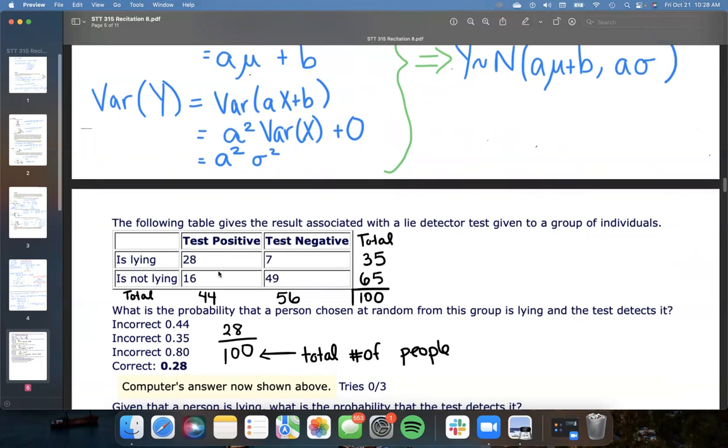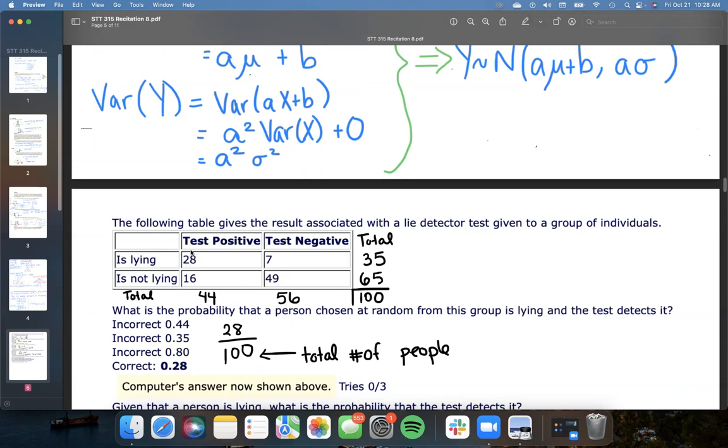So here we want the situation where, if you test positive, that means the test detects you're lying. Positive means that the test thinks you're lying, negative means that the test thinks you're telling the truth or not lying. So what is the probability that a person chosen at random from this group is lying and the test detects it?